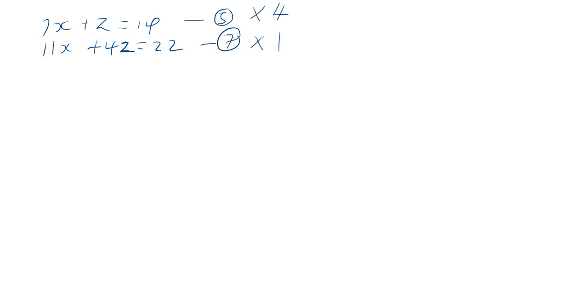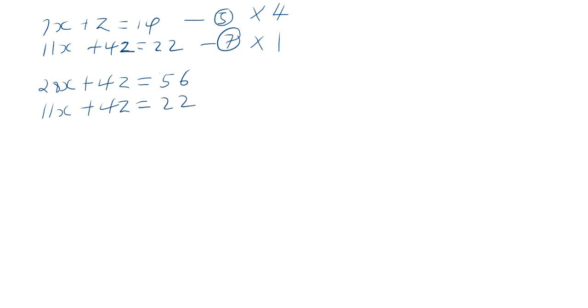So if I do that, I shall have 7 times 4, which is 28x plus 4z is equals to 14 times 4, which is 56. Then in the other one, we have no changes.